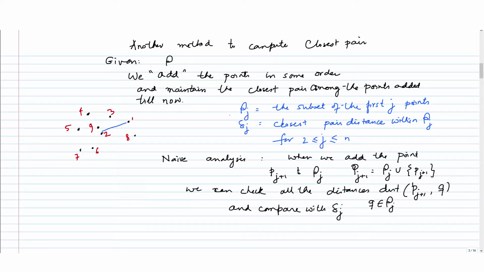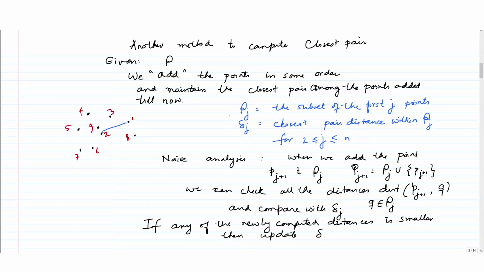So, whatever was the closest pair distance till now, the new point comes in and we look at all the pairwise distances and we check if delta j needs to be updated. So if any of the newly computed distances is smaller, then update delta j.